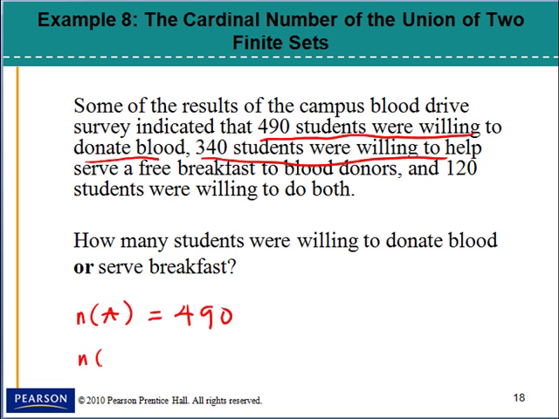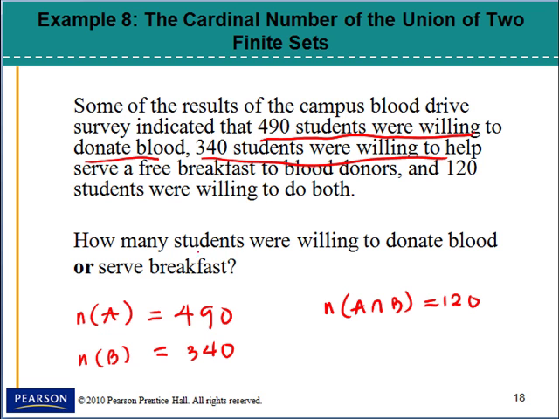Let's call that B, so the number of B is 340. Then we have 120 who are willing to do both. That means the number of A intersection B.